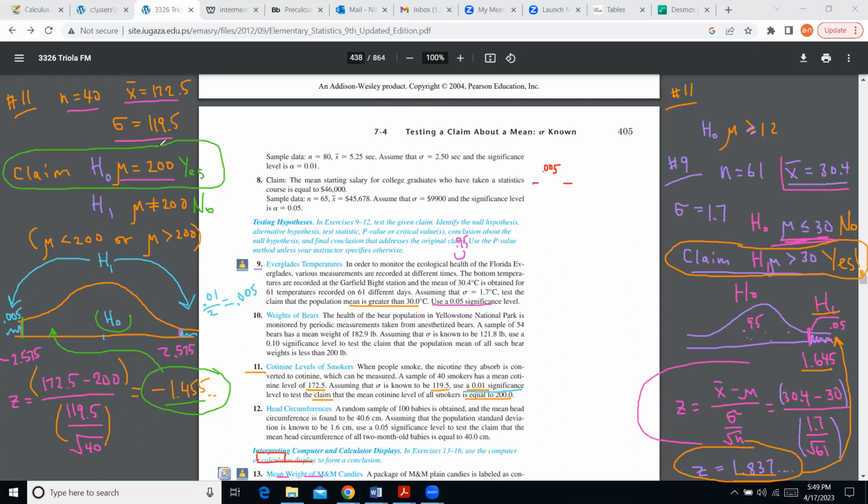So it looks like we always need to start the same way. We need to put H0, H1 and make a picture of H1. And the next step, get this border value or values depending on the two-sided or one-sided type of claim. And then need to decide about the z-score, if it falls into H0 or it falls into H1.